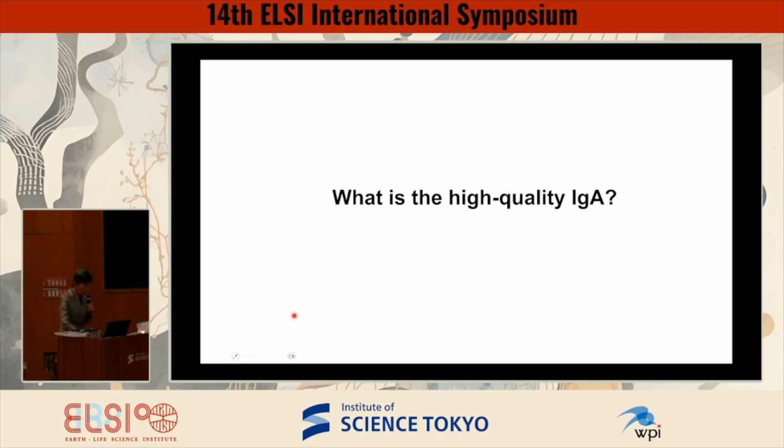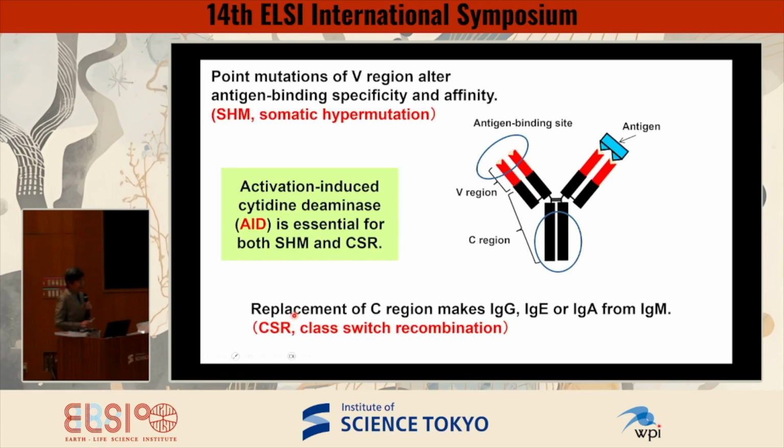What is a high quality IgA? I already know that not only the amount of IgA, but also the quality of IgA is very important to make homeostasis. This may be difficult, but this is pure immunology.